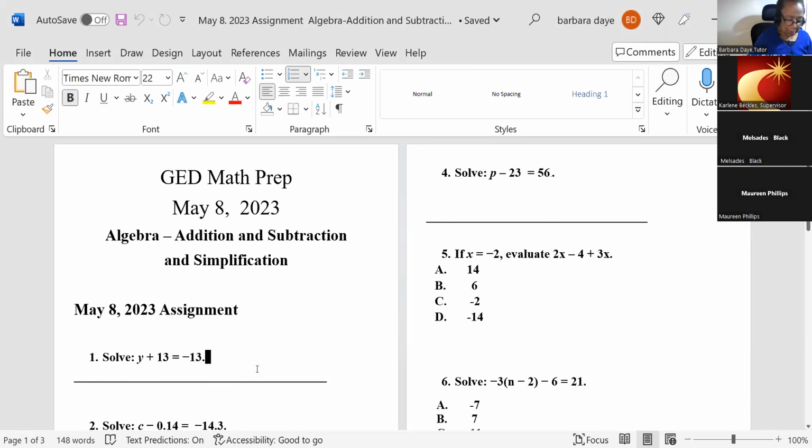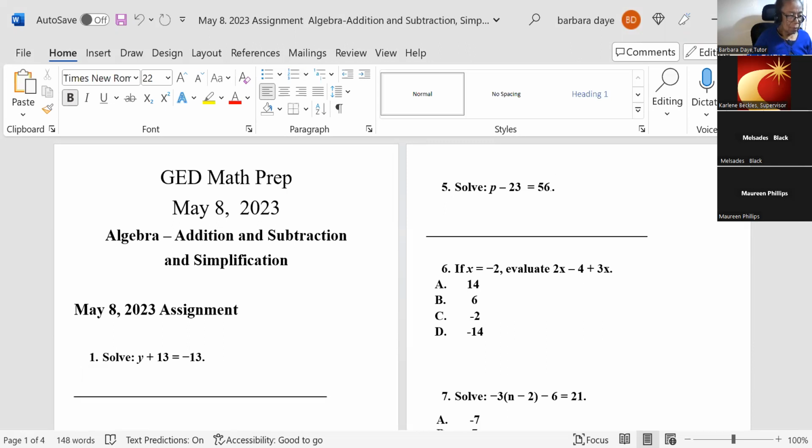So what would you do then? Changing the sign to subtraction. No, you don't change the sign. If you're adding 13, you've got to subtract 13. Okay, that's the inverse. So let's subtract 13 from both sides. That's the inverse operation.